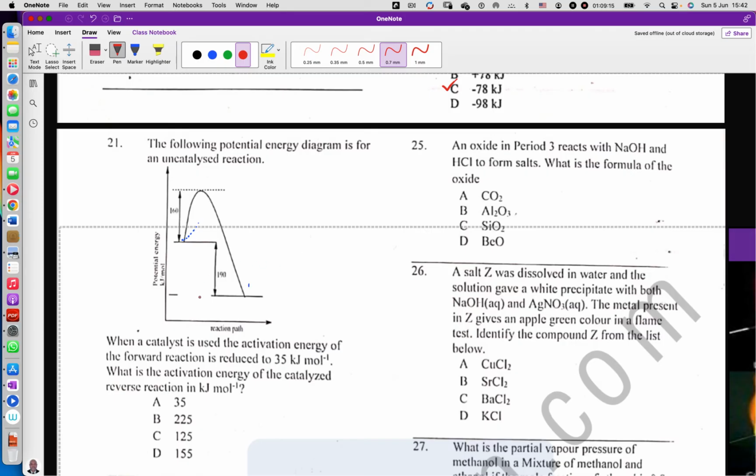Remember, we are told that all this is uncatalyzed. But if it is catalyzed, the reverse reaction is from this end. The activation energy of the reverse reaction is going to be reduced.